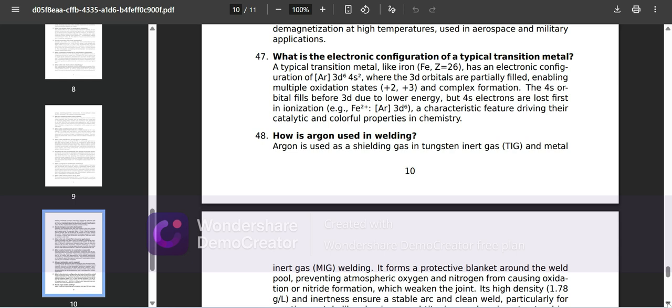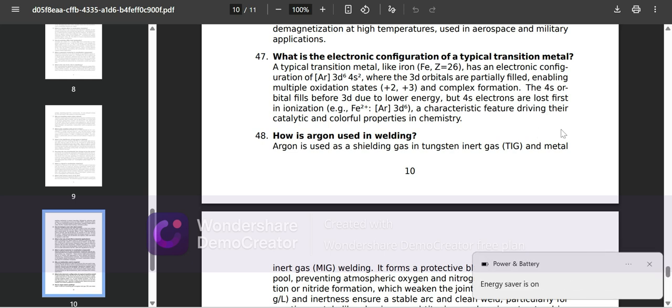The 4s orbital fills before 3d due to lower energy, but 4s electrons are lost first in ionization. For example, Fe2+ is [Ar] 3d6, a characteristic feature driving their catalytic and colorful properties in chemistry.